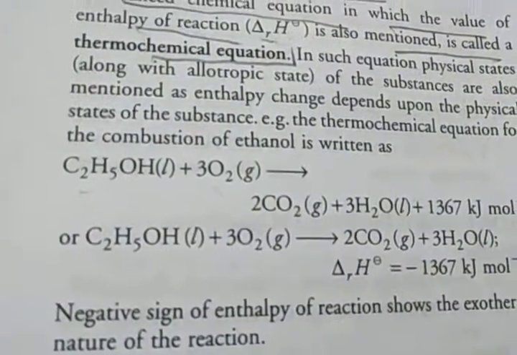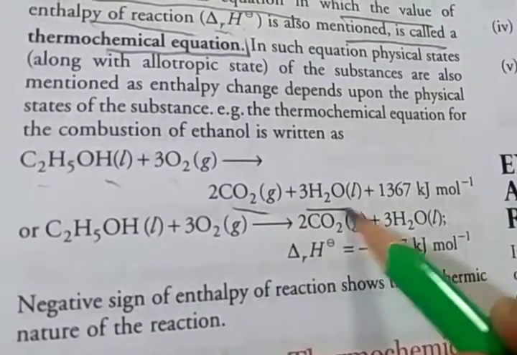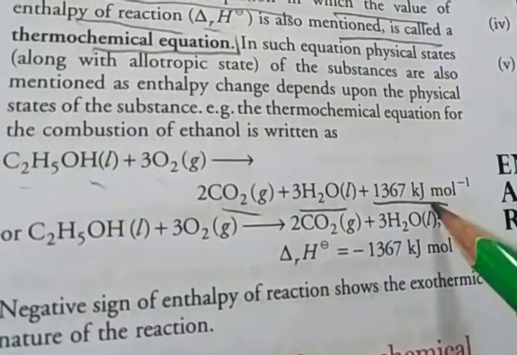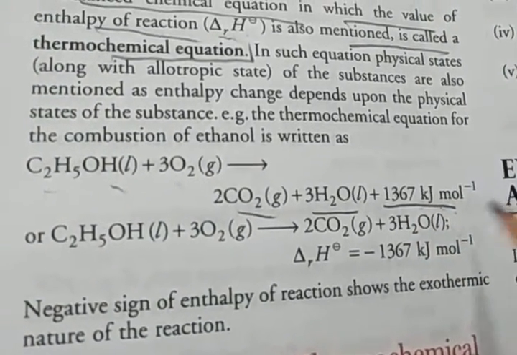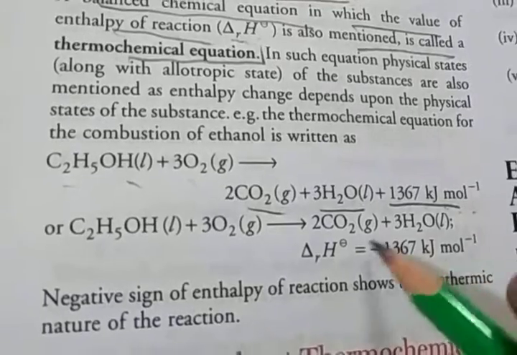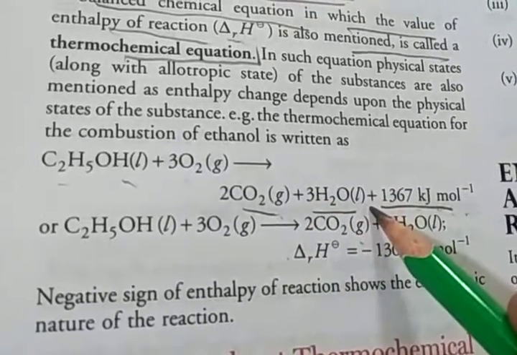The ethanol converts into carbon dioxide and water and releases 1367 kilojoule per mole of energy. So this is an exothermic reaction and a thermochemical equation.